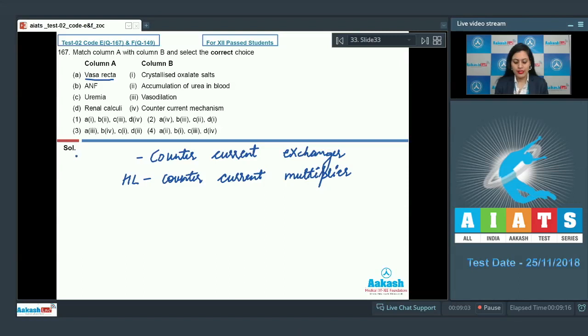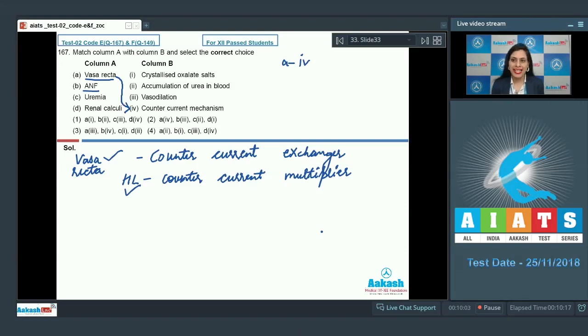And both these, vasa recta as well as loop of Henle, help in counter current mechanism. So the very first option in column A goes with the fourth option in column B.